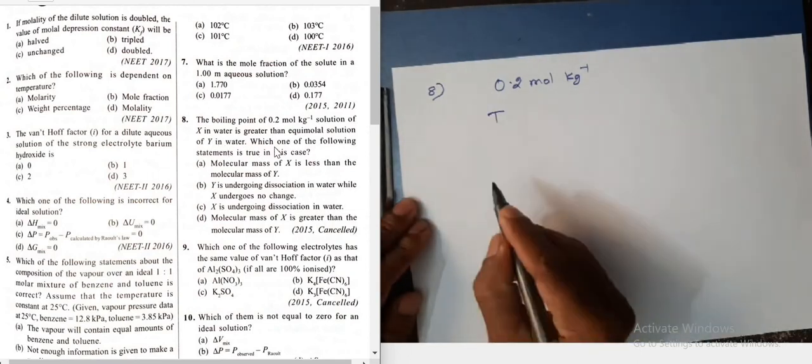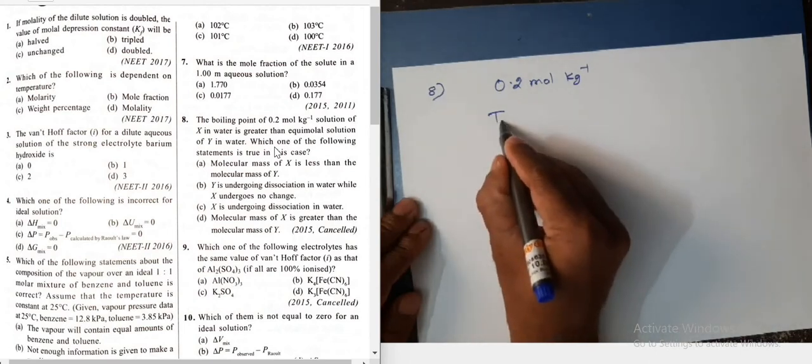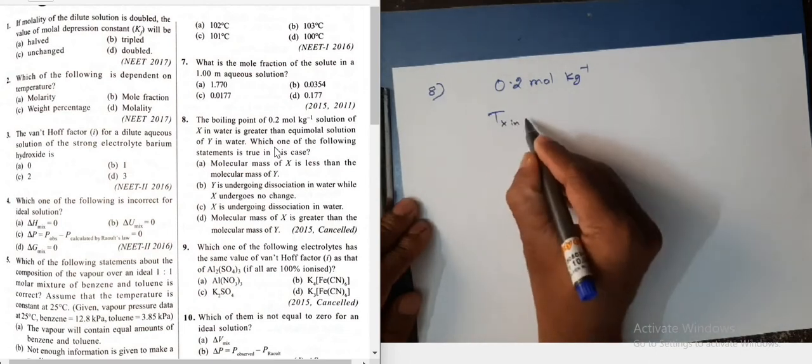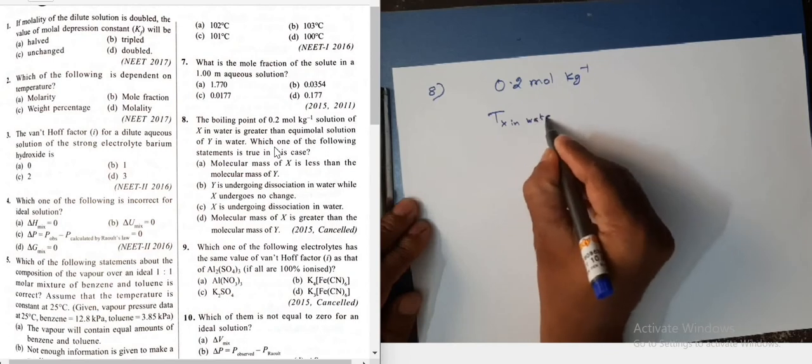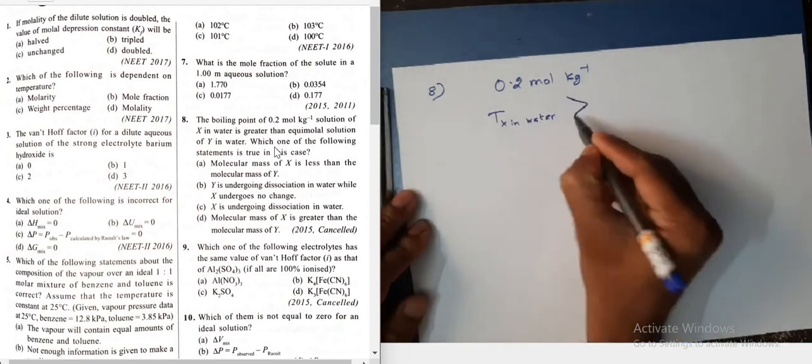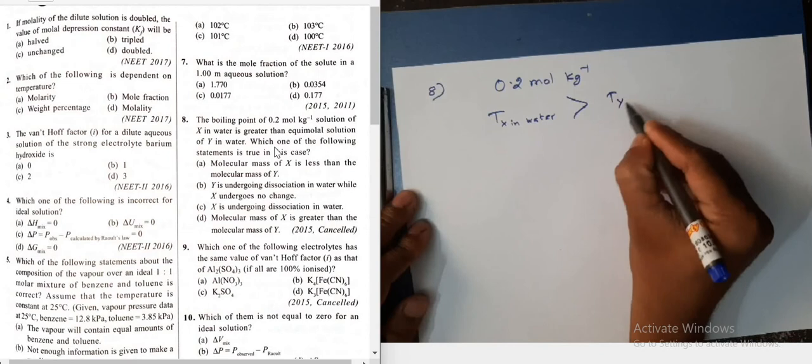Boiling point of a 0.2 mole per kg solution of X in water, X is some solute, is greater than the boiling point of an equimolal solution of Y in water. Equimolal means same molality. See what is given: the boiling point of X in water is greater than the boiling point of Y in water.